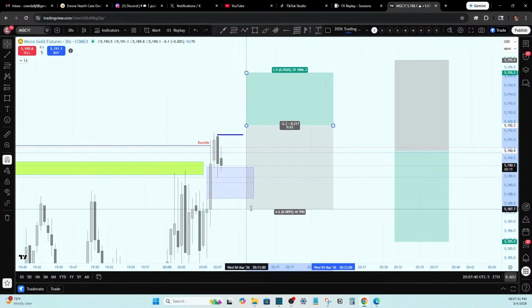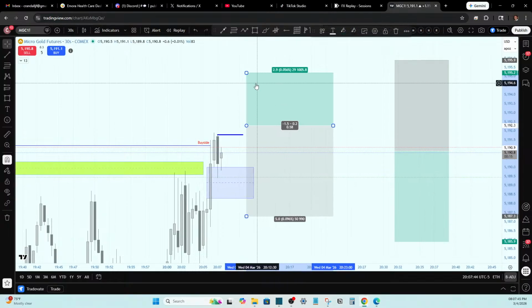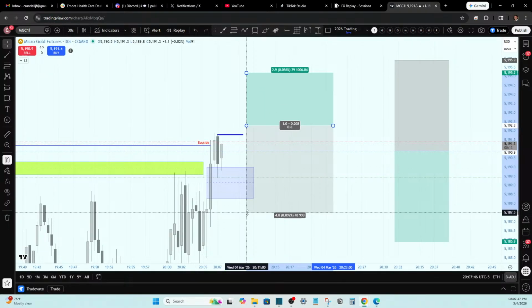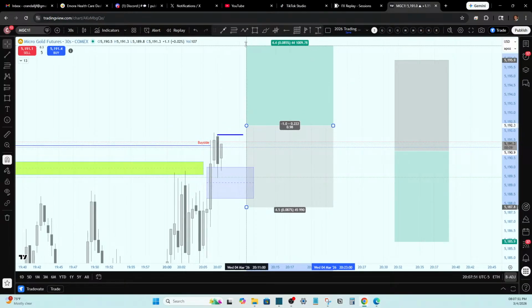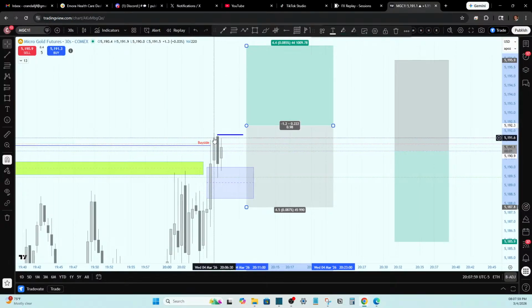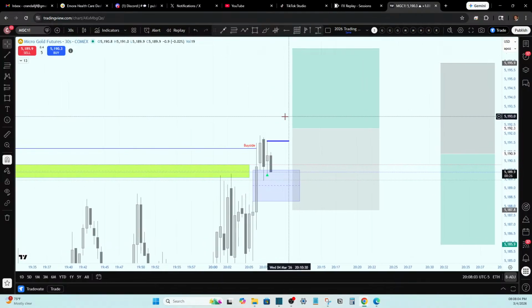I would do a 5-point stop loss here. Well, maybe 4.5. If we get an entry signal, which is close above previous candle high. Waiting. 3, 2, 1. Nope, nothing yet. Just continue going.